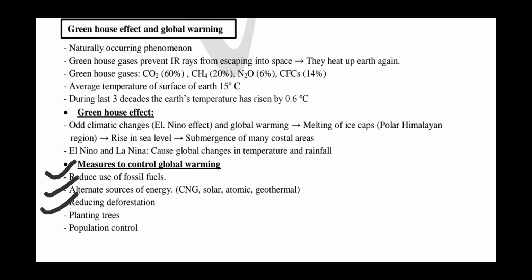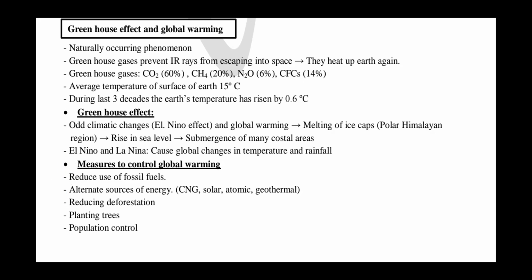Planting trees, slowing down the growth of human population. This is the main one. Human population number should gradually decrease. International initiatives are also being taken to reduce the emission of greenhouse gases into the atmosphere.